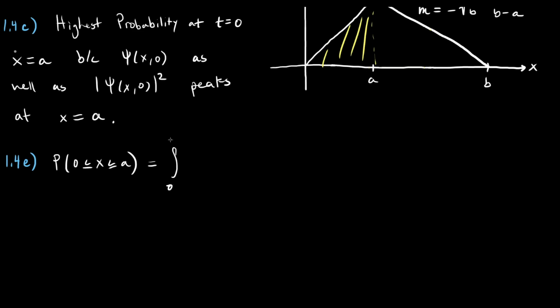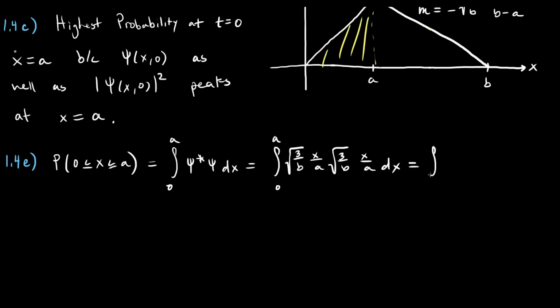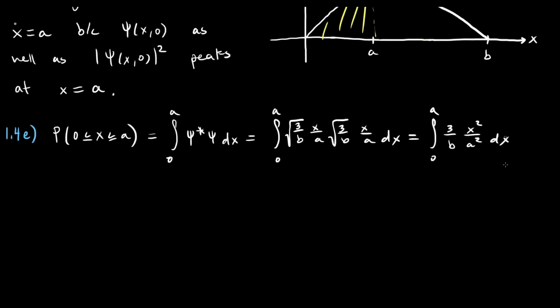So the integral from 0 to a of the complex conjugate of the wave function times the wave function is square root of 3 over b, x over a, times square root of 3 over b, x over a, dx, which is equal to 3 over b, x squared over a squared dx.